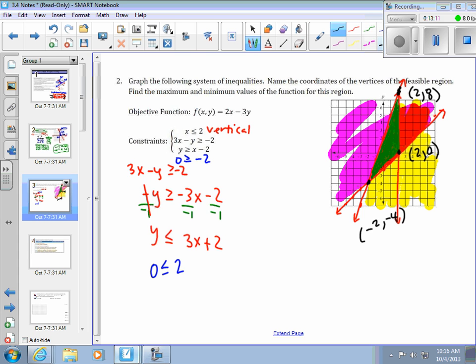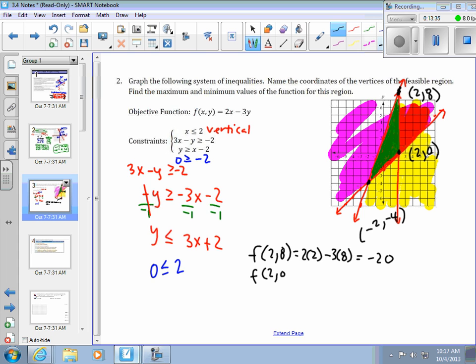Now you have to check those vertices with our objective function to see what our minimum and maximum are. So if we plug those in, we get (2, 8). So doing a little math, you get 4 minus 24, that's going to be -20.